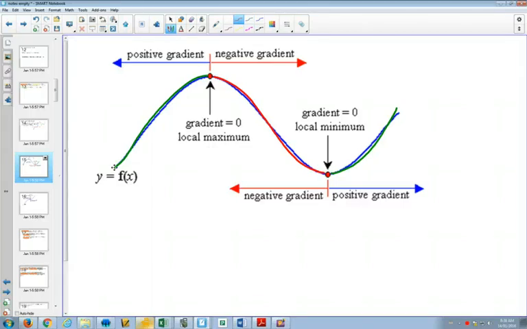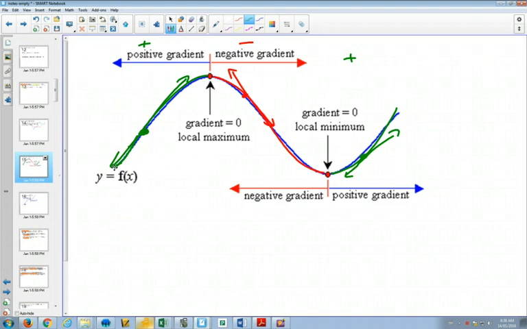Notice in that green section that if I pick any point on that green section and drew a tangent at that point, that tangent would always be positive. But if I picked any point after the maximum and drew a tangent line there, then we would have a negative. And of course, after the minimum, again, we have a positive.